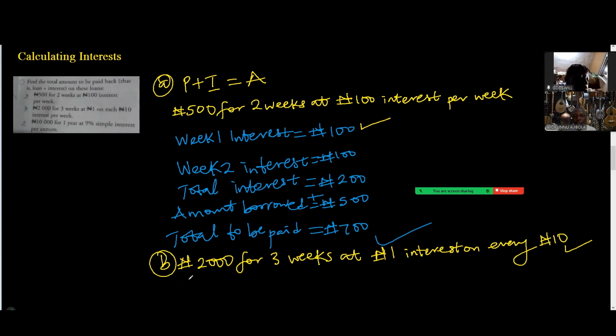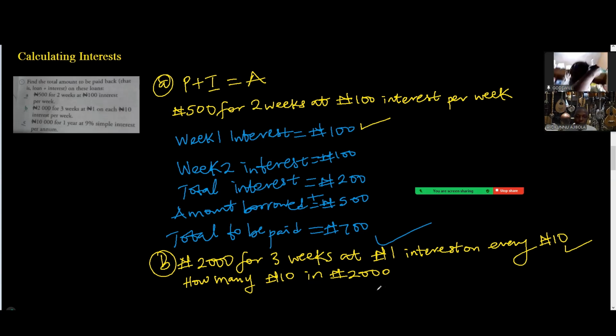How many 10 nairas in 2,000 naira? That will be 200 of 10 nairas, right?